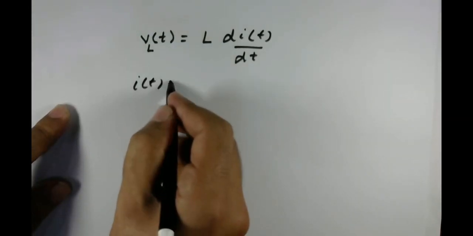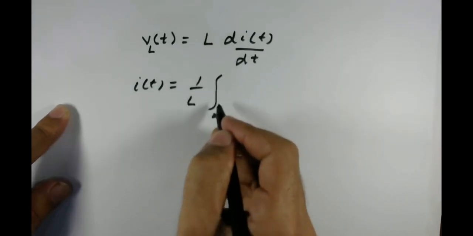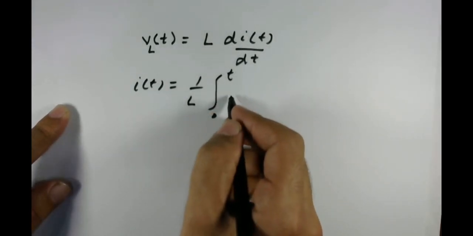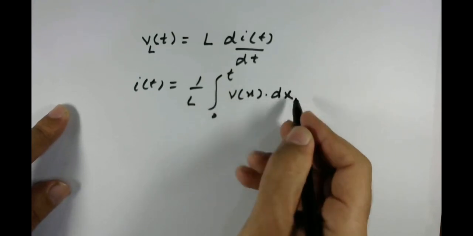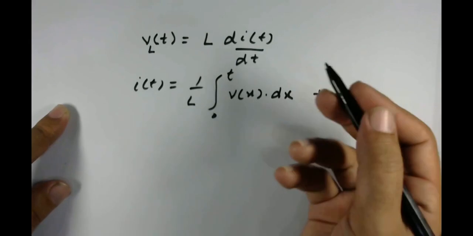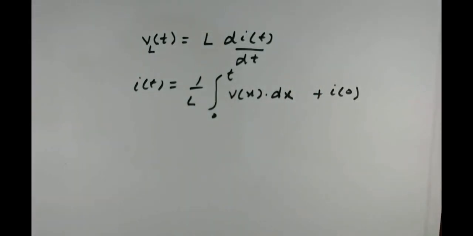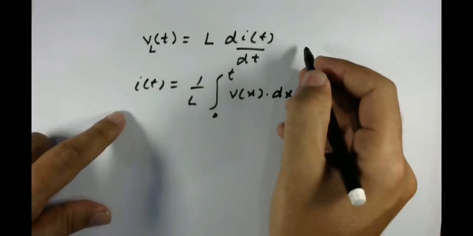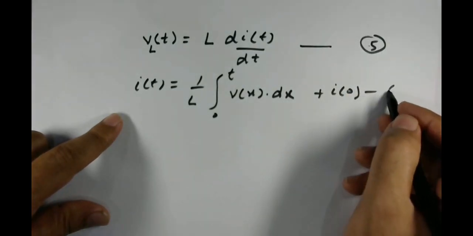I of t is equal to 1 by L integral from 0 to t V of x dx. Okay, and plus if the inductor was initially charged, so this will be your I of 0. Okay, these are the time domain equations. Say this is equation number 5, say this is equation 6.